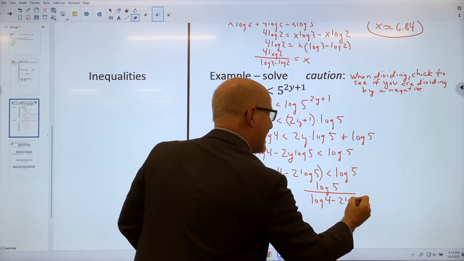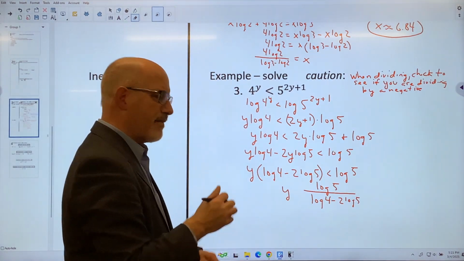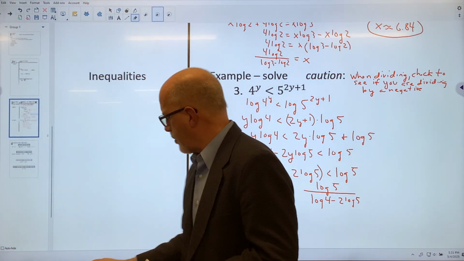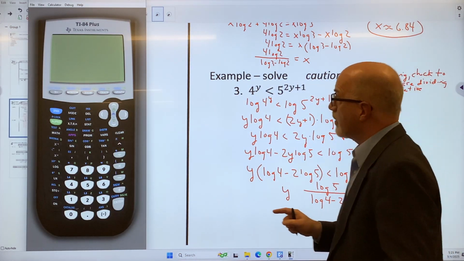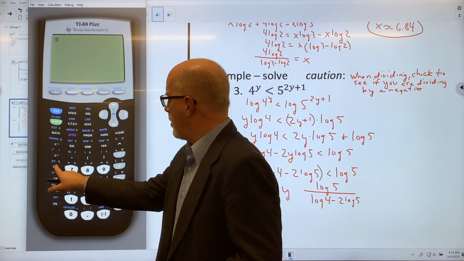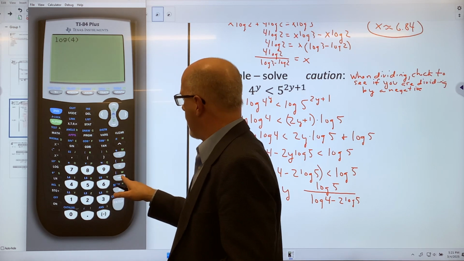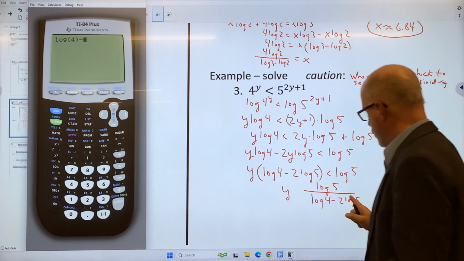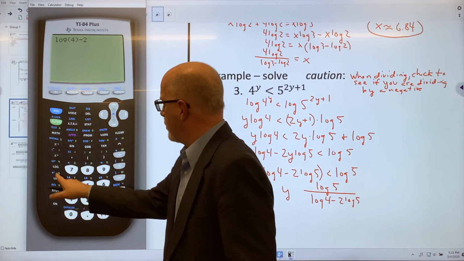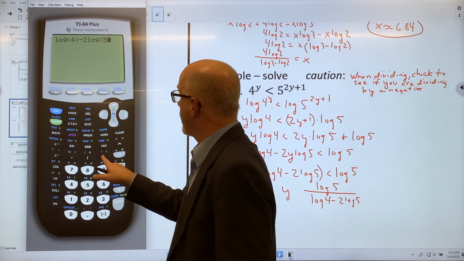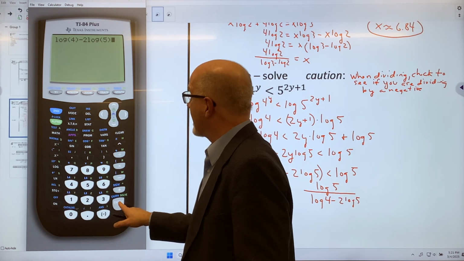We've got to see, did I divide by a negative? Let's go to our calculator here. Let's do log of 4, and we're going to subtract 2 times log of 5. Now let's see, did I get a negative?